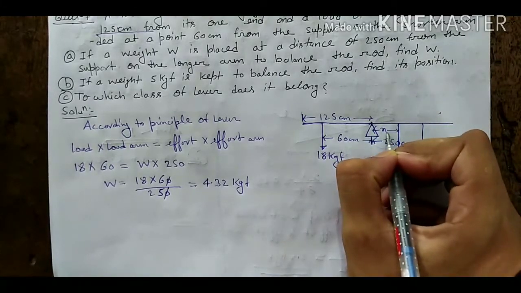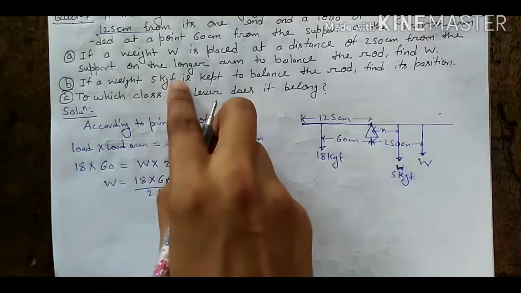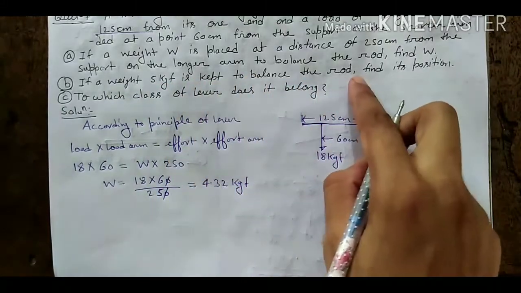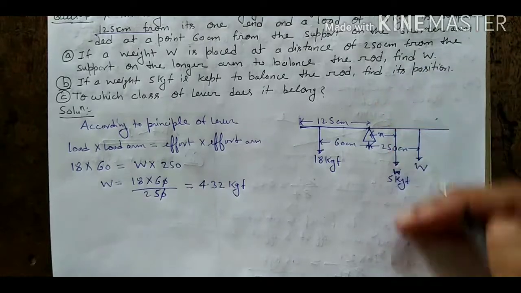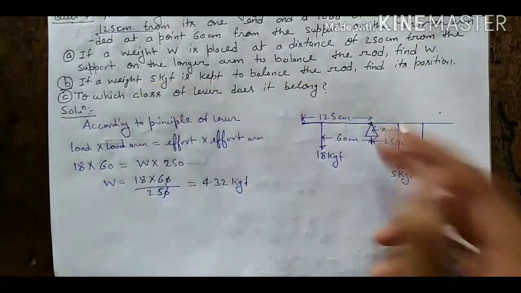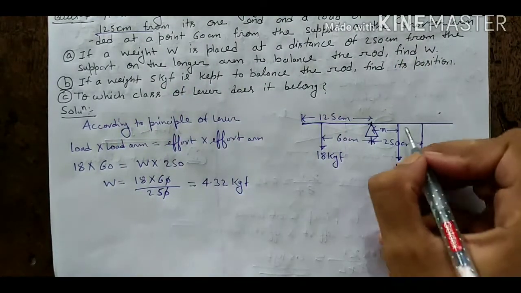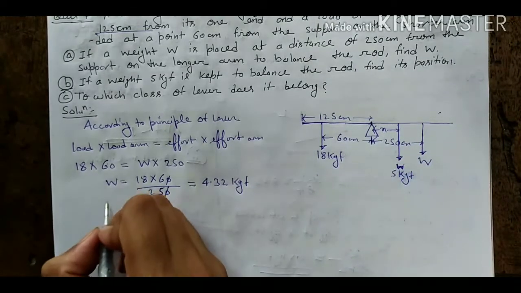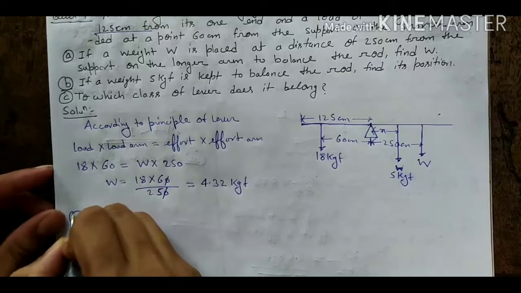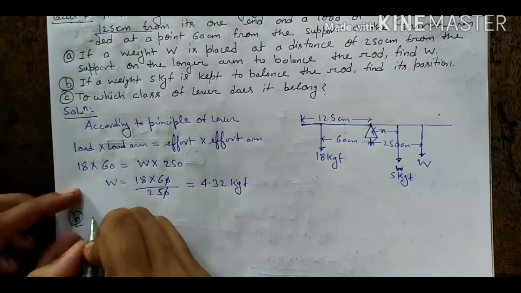This distance we have to find according to the question. To balance this rod we have to apply a force on this side. Suppose this force is 5 kgf, it means this distance we have to find. This is the second part, B part.